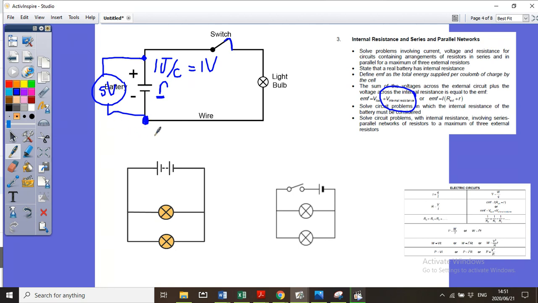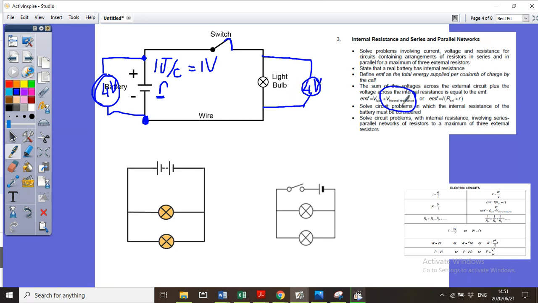So it's not going to be 5 anymore. So if I now connect a voltmeter here, this voltmeter as well as this voltmeter will not read 5 anymore. It will now, I hope you have been thinking this, read 4 volts. And this will now also be 4 volts.